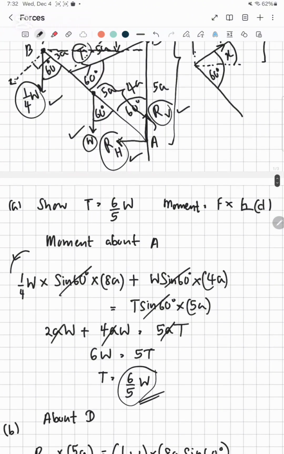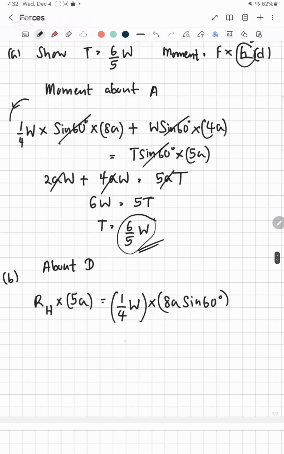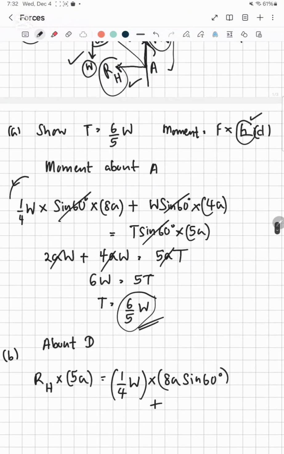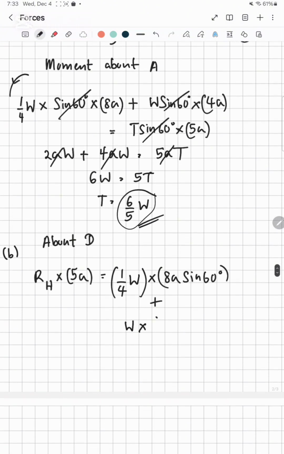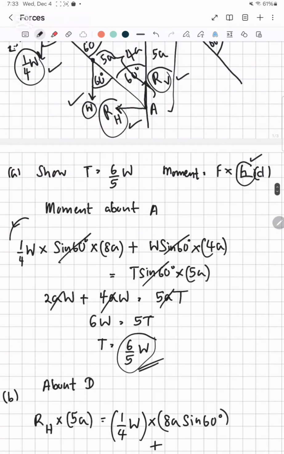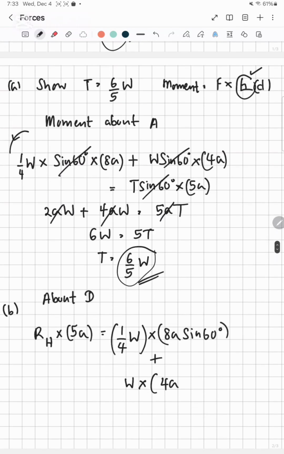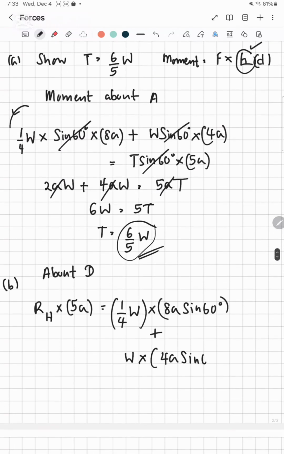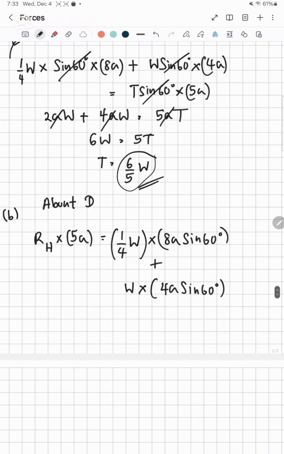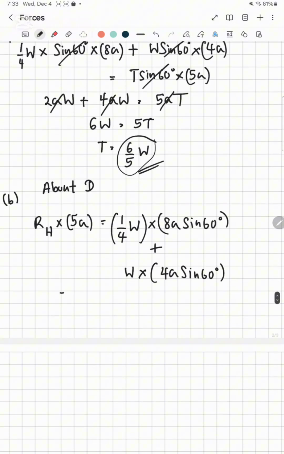As you know, when finding moments, it should be the perpendicular distance. So you add this with W into 4A sine 60, the same way. So this will give you 5.